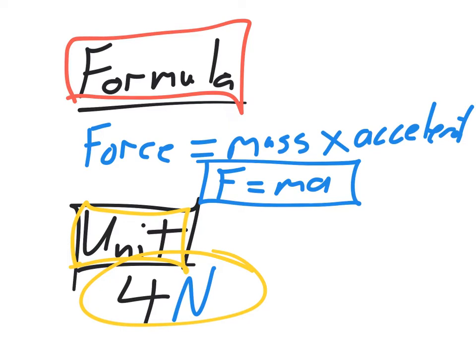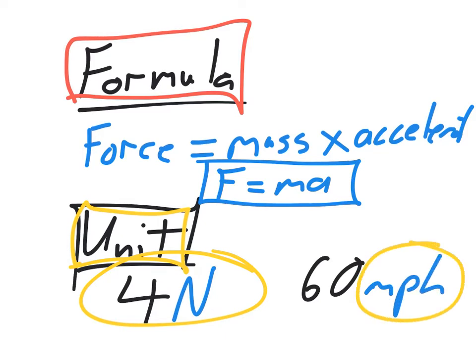Same as if you multiplied things together and you got how fast something was going, like miles per hour, right? So you might have that you drove at 60, and your units are going to be miles per hour. And so those units identify just one number. The formula up here shows you how to mathematically do things.